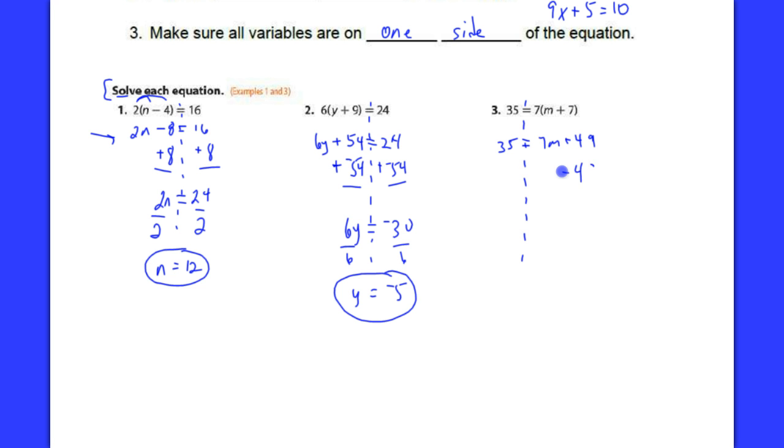I'm going to add negative 49 to both sides to keep that equation balanced. 35 plus negative 49, that's negative 14. That's equal to 7m, divided by 7. M equals negative 2. Voila. Simple enough for you.